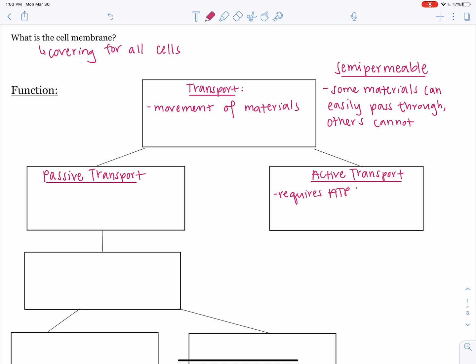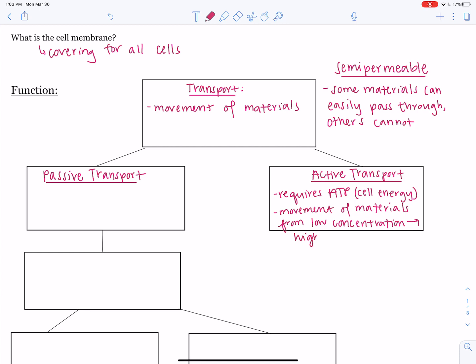ATP, right? Cellular energy. And frequently, it's the movement of materials from an area of low concentration to high concentration.